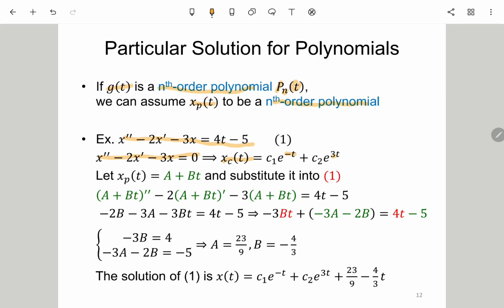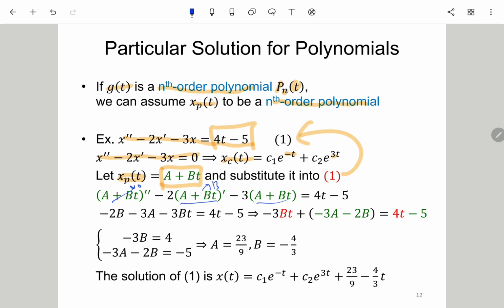And then for the second step, the particular solution: if we have a first order polynomial on the right side, we also assume that xp is a first order polynomial of t, a plus bt. Then we plug this into the original differential equation, so the second derivative will be 0, this one will be b, and this one is the original function.